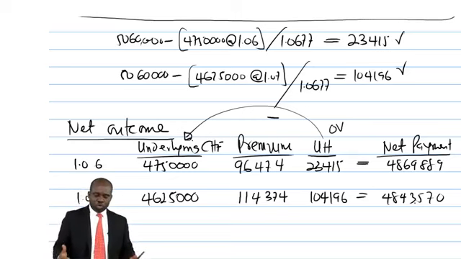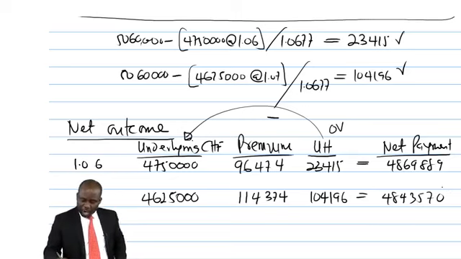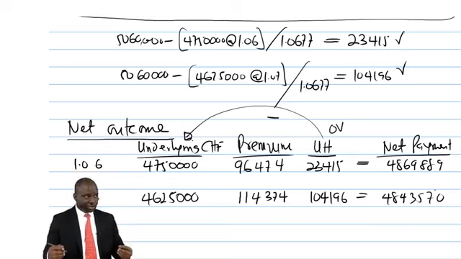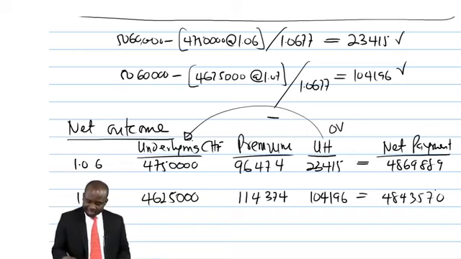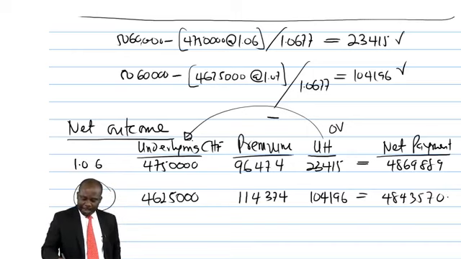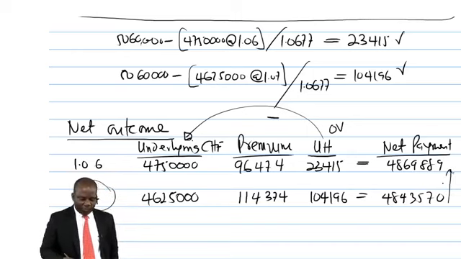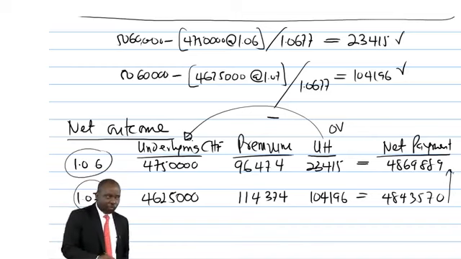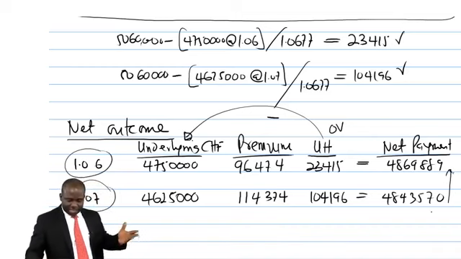When you look at the options, which one is the minimum here? You are showing to the examiner that the option with an exercise price of 1.07 will give you a net payment which is less than that of what? The exercise price of 1.06. So that is the one leading.